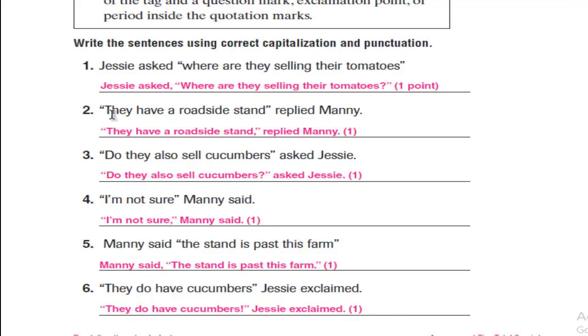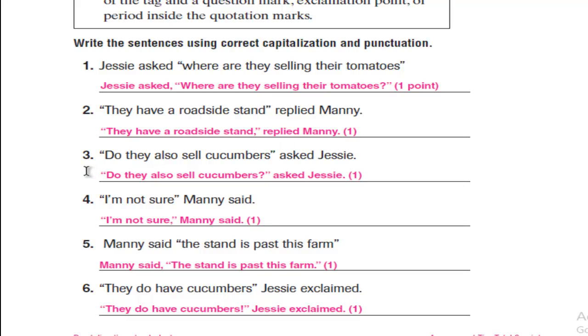So here the quotation comes at the beginning of the sentence. So I have to capitalize the first word and then look at the last word. It's a sentence, so you have to add a comma before the closing quotation mark, then add replied Manny, and don't forget to add a period at the end of this sentence.